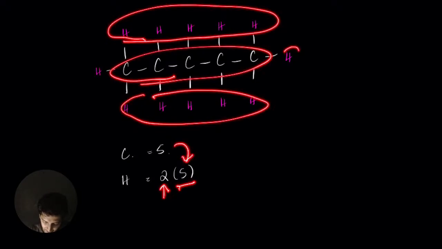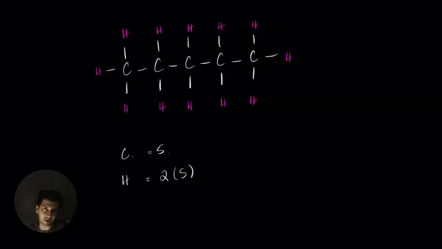And then there are always the hydrogens at the end, which I want to count, and there will always be 2 hydrogens on the end, both combined, like 1 on each. So plus 2, and this comes out to 12. So it's C5H12.